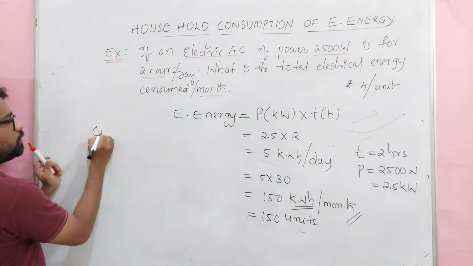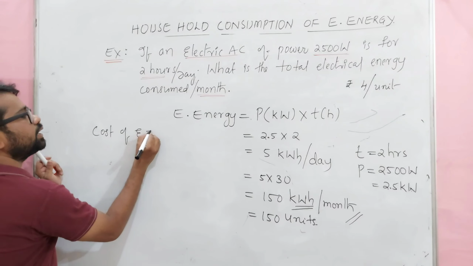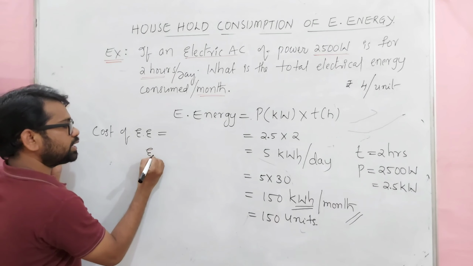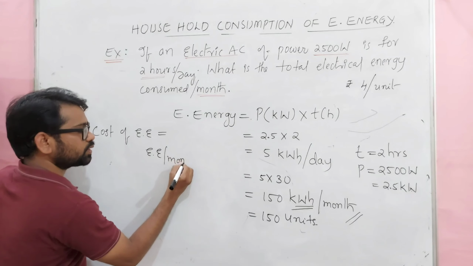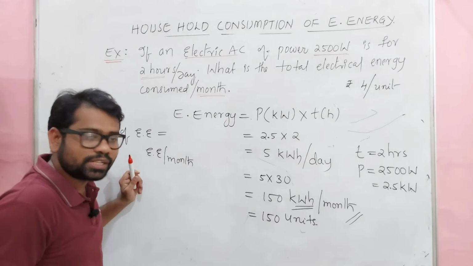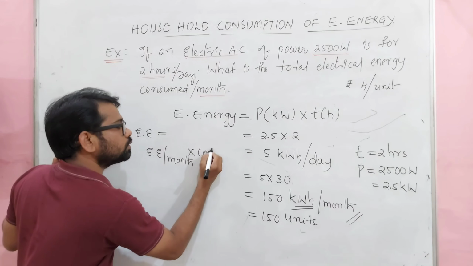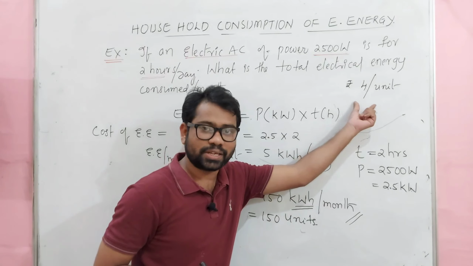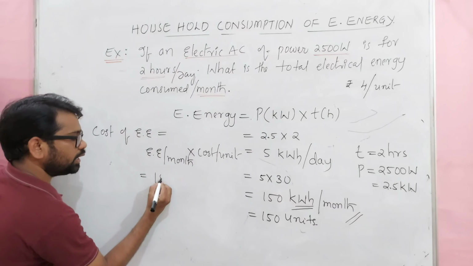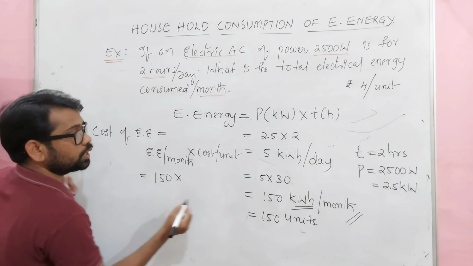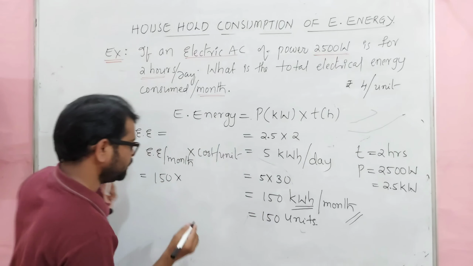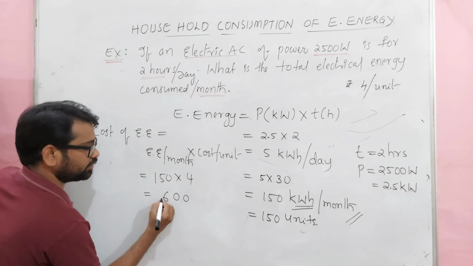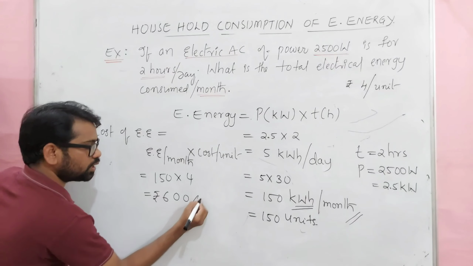Here the cost of electrical energy is equal to the total electrical energy consumed per month into the cost per unit. Cost per unit means how much they are charging per each unit. So total electrical energy consumed into cost per unit, which is 4. If you multiply, how much will you get? 600 rupees. So this is how we can calculate.